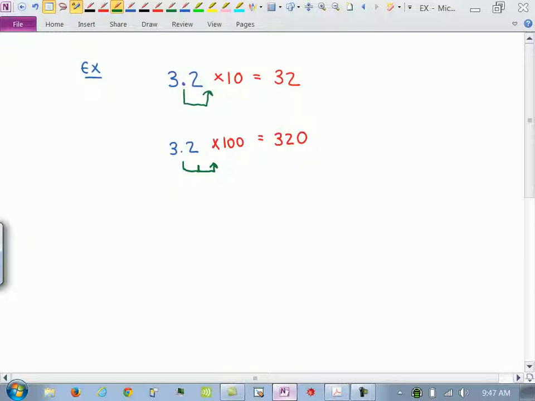Okay, now let's look at a problem. Let's say we have negative 6.3x plus 1.5 equals negative 4.8. Now, tell me if this is a linear equation in one variable.